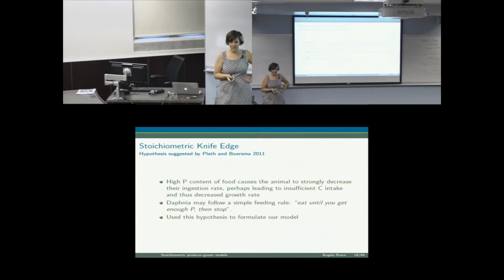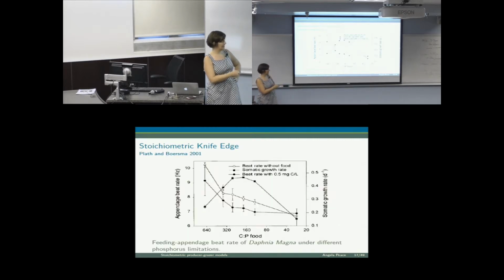So high phosphorus content led them to decrease their ingestion rate, perhaps leading to insufficient carbon intake, and that would lead to the decreased growth rate. They called it "eat until you get enough P, then stop," as their hypothesis. I know it seems strange, but that's what this data kind of shows. You have this reduced feeding rate, and it corresponds with high phosphorus as well as the reduced growth rate.